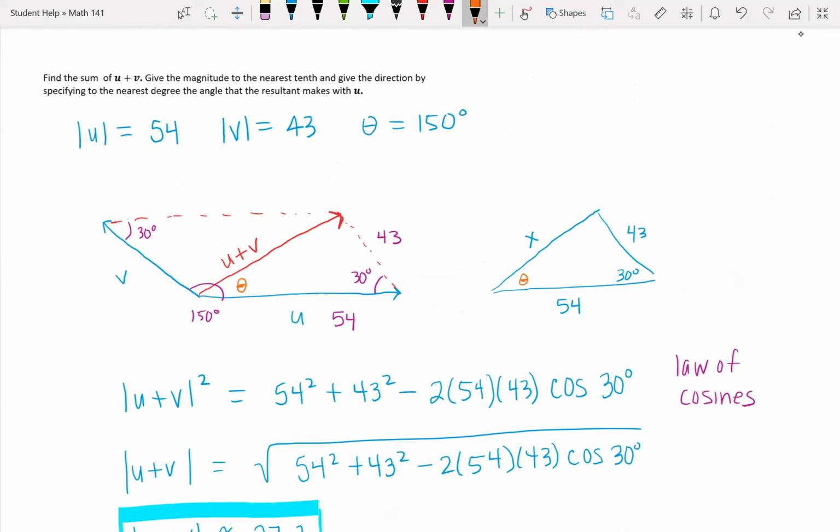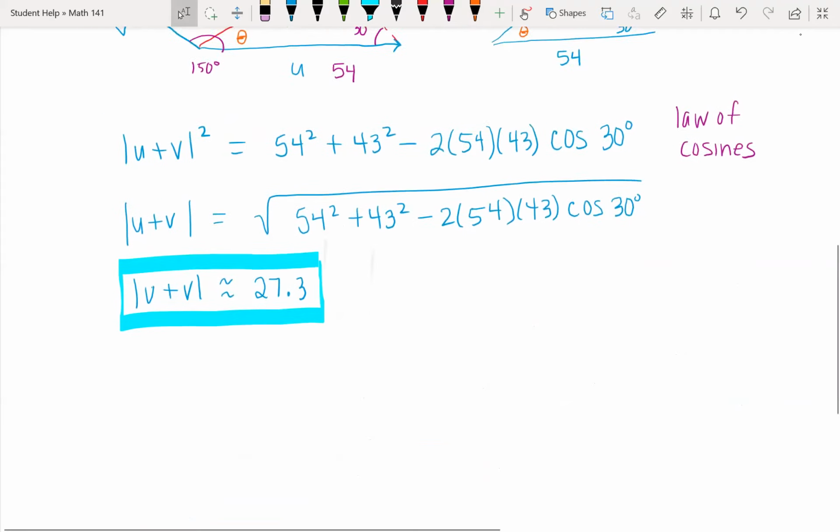So in this case, we'll use the law of sines to find that missing side. I want to find theta, and I've got 43 degrees, and then 27.3, which is just what I just found, and 30 degrees. Yeah, I'll use those two sides.